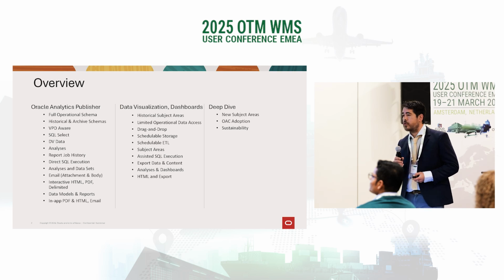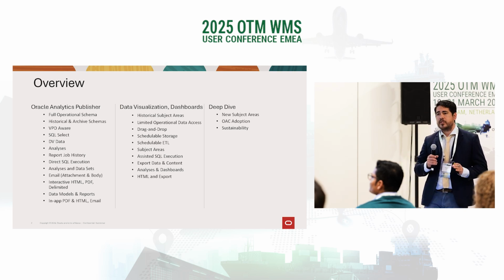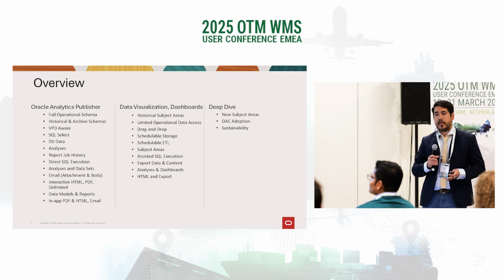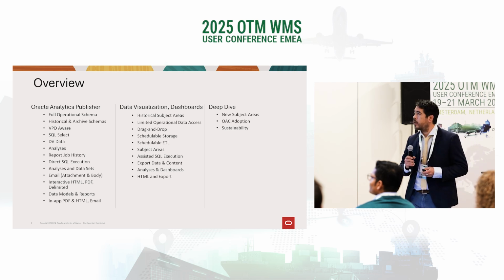VPD awareness, so this is security related, so just make sure that there's no misunderstanding. If you have data restrictions at the user level in the application, those are carried forward into the analytics application as well. So the data is segmented that way as well.